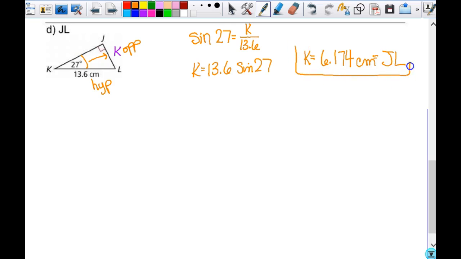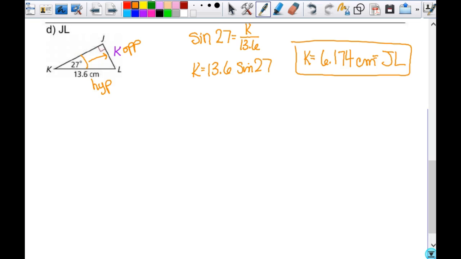Now, let's talk about reasonableness of an answer just a little bit. Before you ever typed this in, should you have kind of a concept of what the value of the sine of 27 is at this point? Yeah, because what's the sine of 30? Come on, unit circle. What's the sine of 30? Square root of 3 over 2, right? That's the sine of 30?